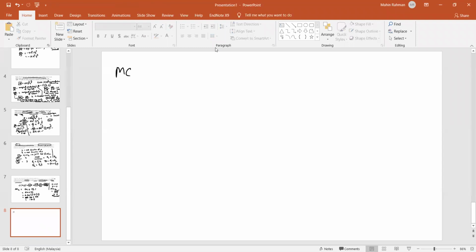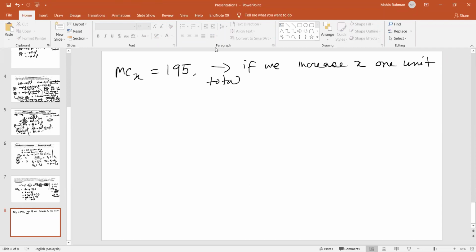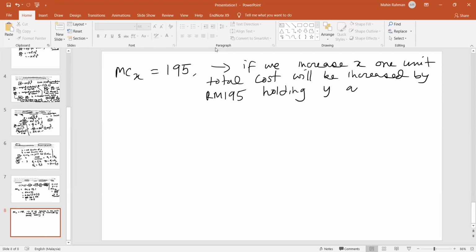If we increase X by 1 unit, the total cost will increase by 195 ringgit or $195, holding Y constant.